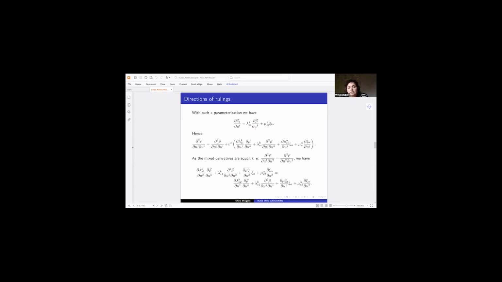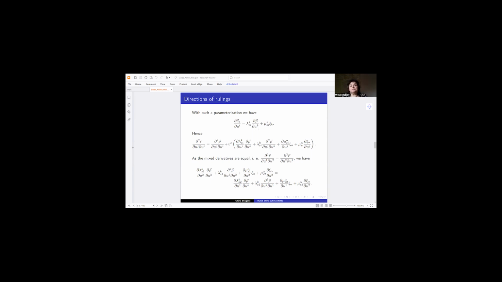But not every base surface admits that the conditions are fulfilled, not for every base surface. I will say more about it.